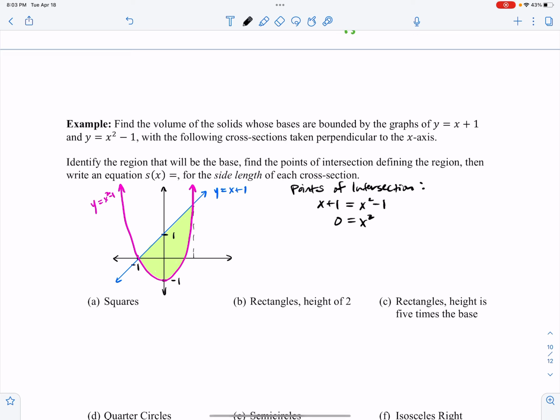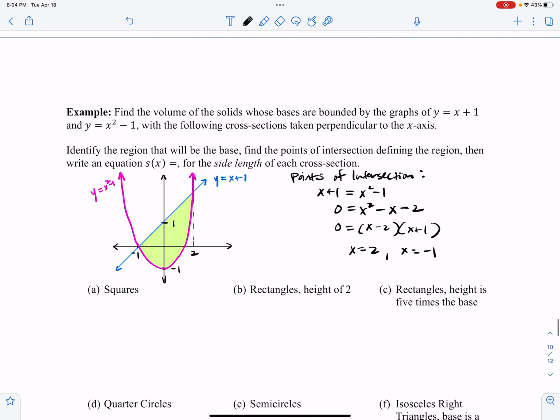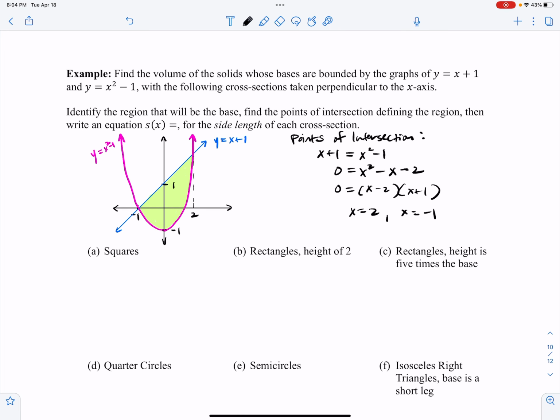So you get 0 equals x squared minus x minus 2. That factors. So you get x equals 2, x equals -1. So that would be at 2. So that means we're going to be integrating from -1 to 2. So each of these integrals that represents volume, we're going to be integrating on the interval from -1 to 2 because these are all going to be perpendicular cross sections.